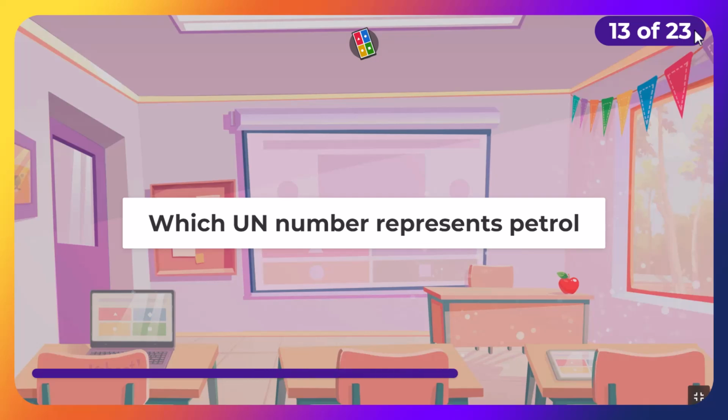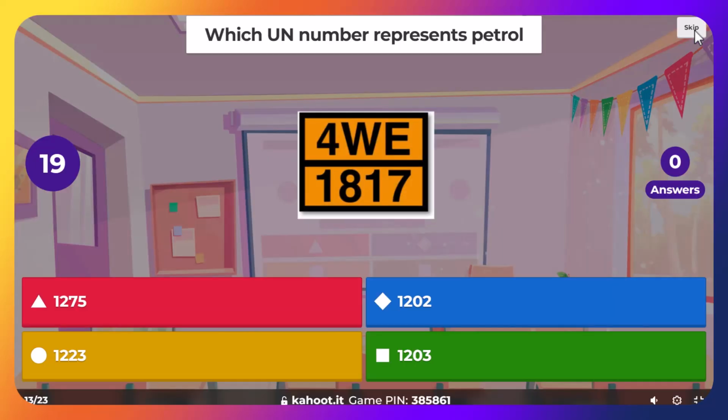Which UN number represents petrol? Remember I said 1202 is diesel, 1203 is petrol, 1223 is kerosene.